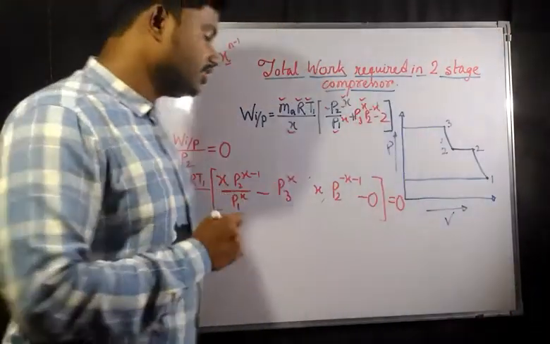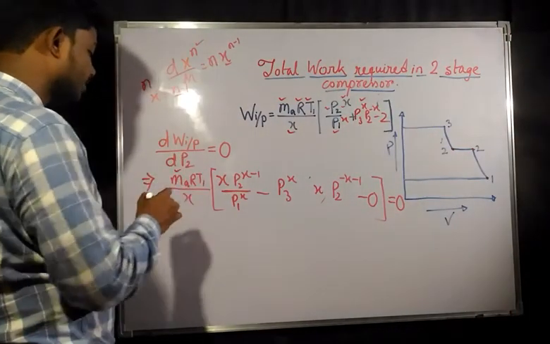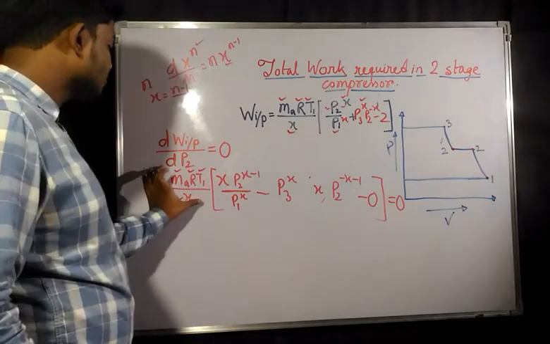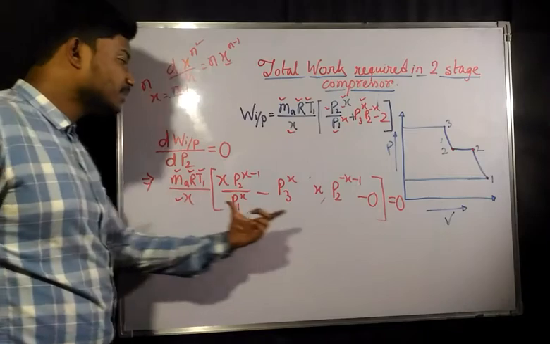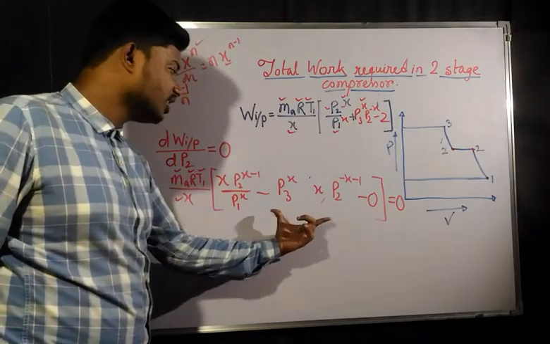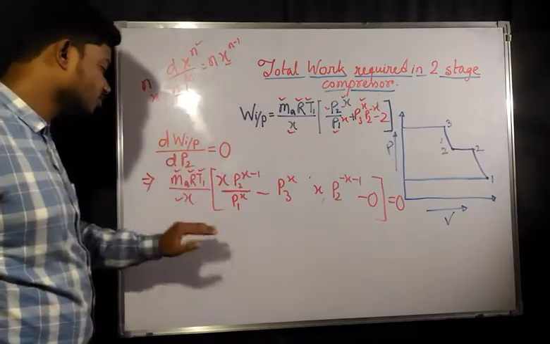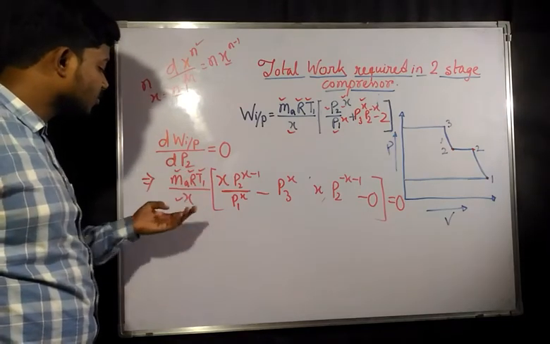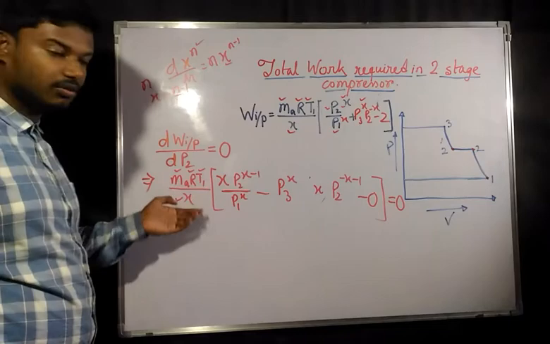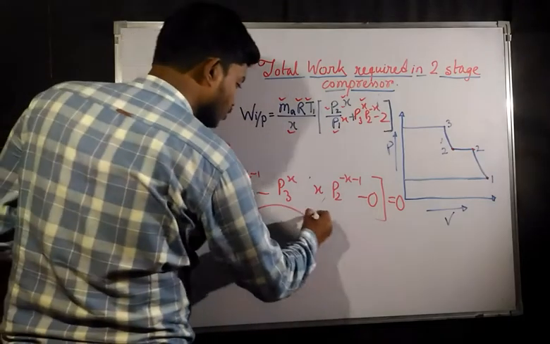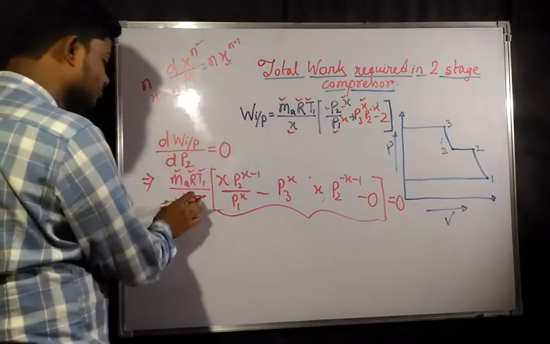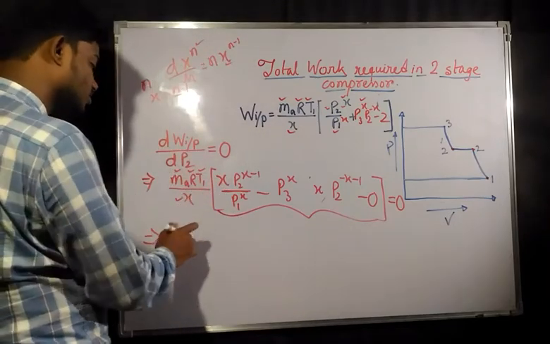That means mass of air is constant, r is also constant, t1 is constant, x is constant. So this multiplied by this is going to be equal to 0. That means either this part is going to be 0 or this part is going to be 0. This part has all the constant values, so it will not have the 0 value. So this part is going to be 0.